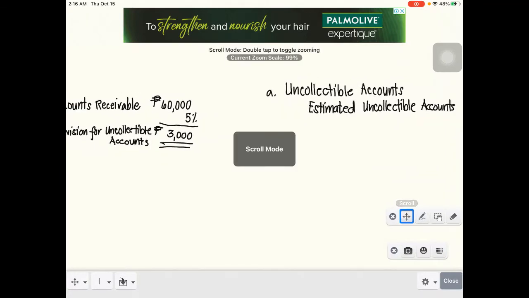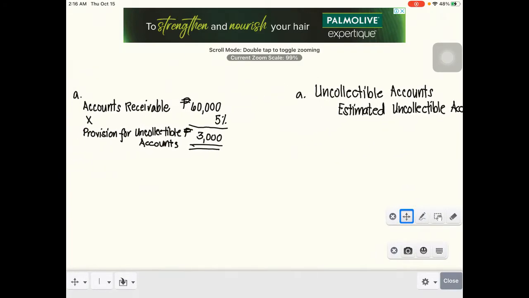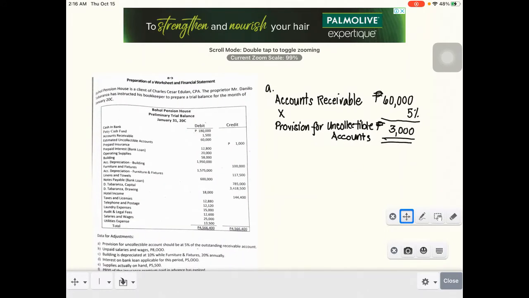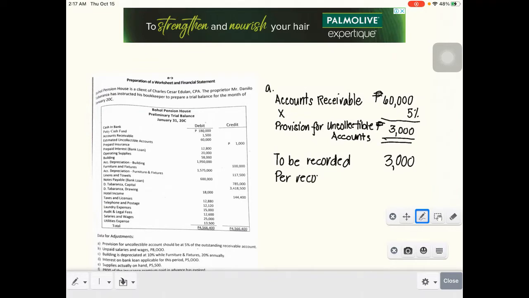So let's move it here. So are you sure that that is the final answer? Not yet. Take note that that is yet the provision. So meaning that is the amount to be recorded. But, okay, there is a big but. So try to look at the trial balance if there is an existing amount. Do you have already an existing amount? Yes, that is per records you have 1,000.